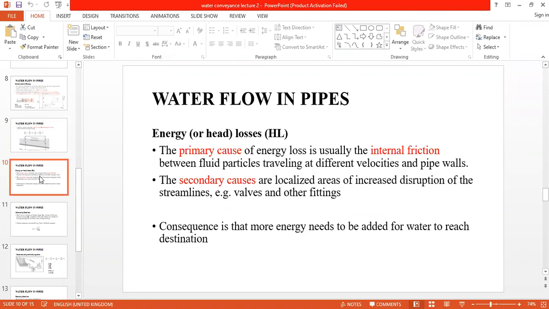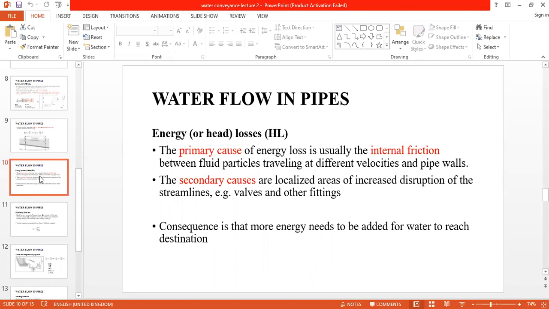And one thing we should bear in mind, we talked about it yesterday, is that it's the friction of the water and the pipe, the edges of the pipe, which increase this friction.